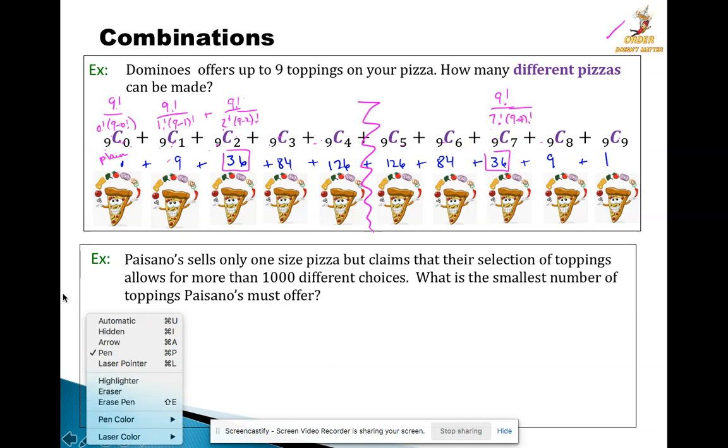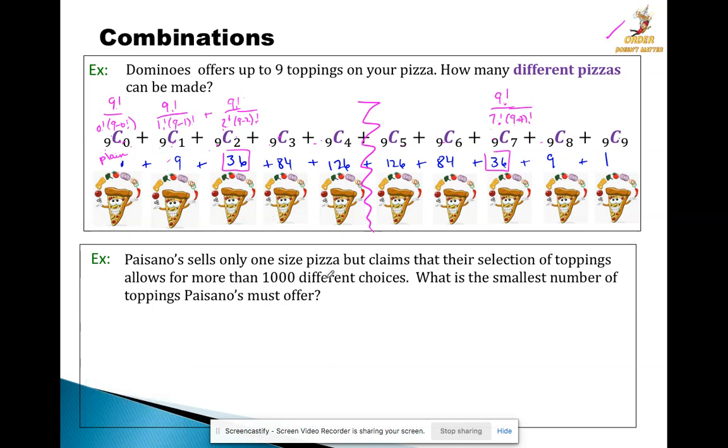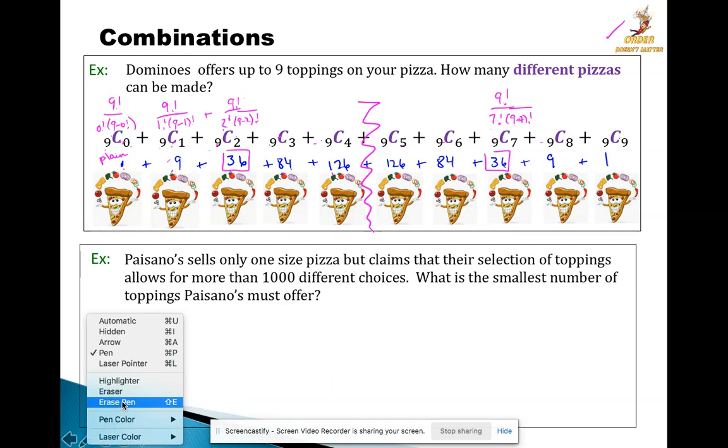So if you have your calculator handy because you've been doing this, I want you to tell me what 1 plus 9 plus 36 plus 84 plus 126 is, and then multiply it by 2. And you know what you get? Now I want you to do something else.